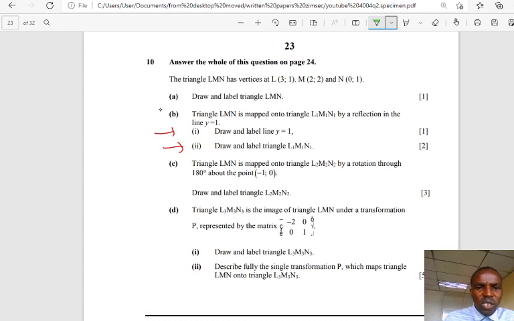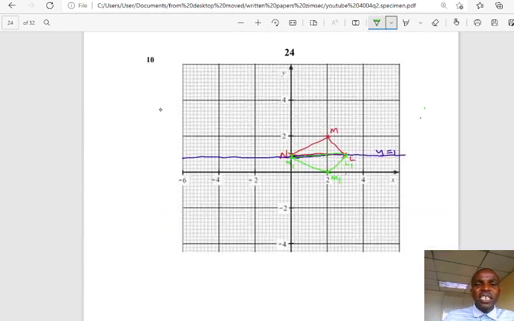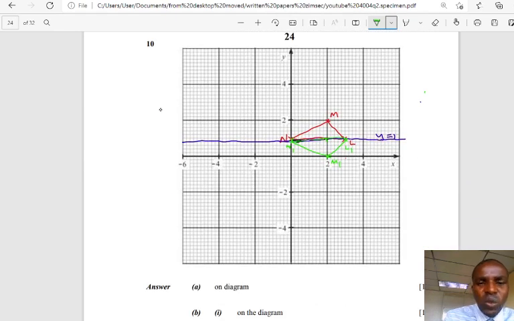Is it clockwise or anti-clockwise? It's 180, so it's straight. So you mark the center of rotation (-1, 0). After marking (-1, 0), I can just use even a ruler straight edge because it's 180 degrees.